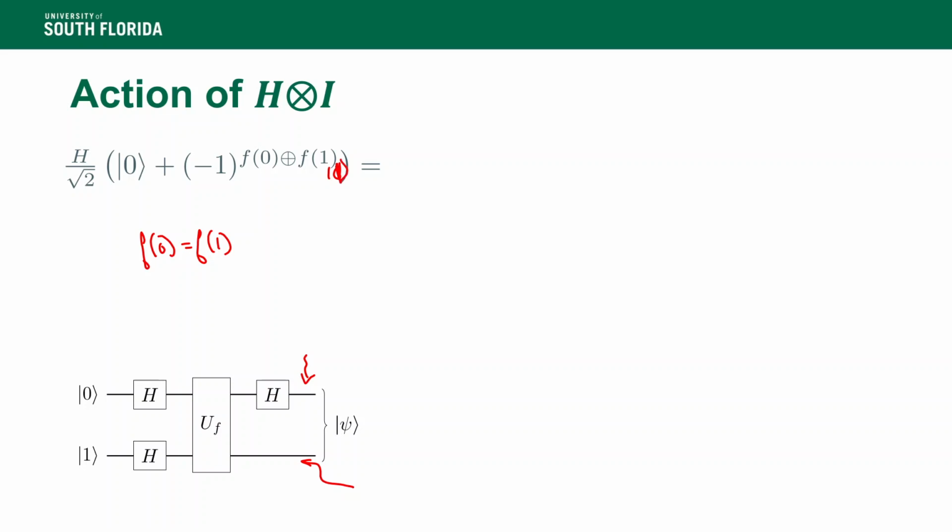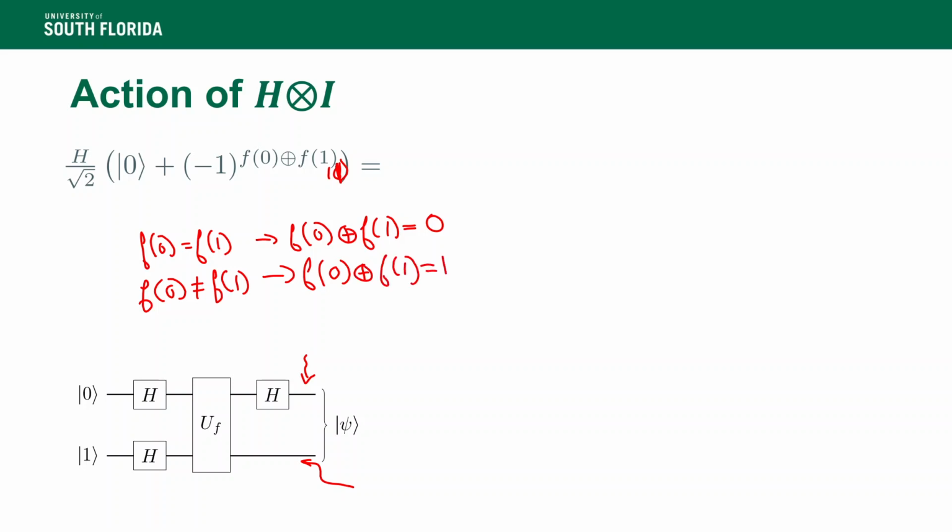So if f(0) equals f(1), then f(0) XOR f(1) is going to be 0, regardless of the value. If it's a 0, if it's a 1, the XOR will tell you the same. Now, if f(0) is different than f(1), again regardless of what those respective values are, we have that f(0) XOR f(1) is going to be 1.